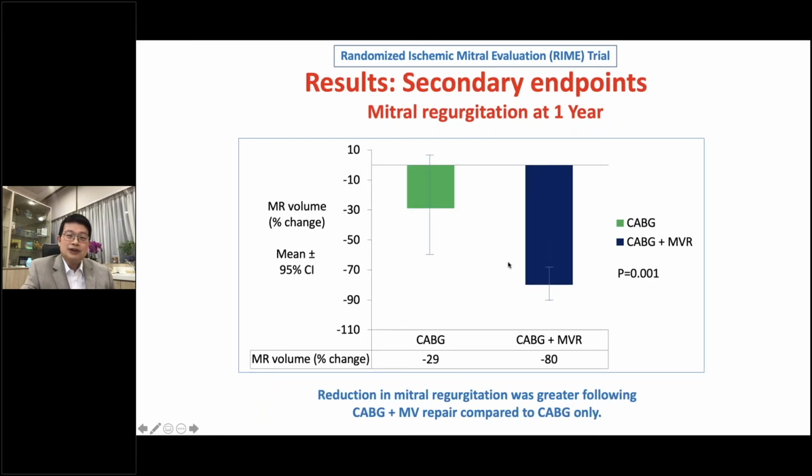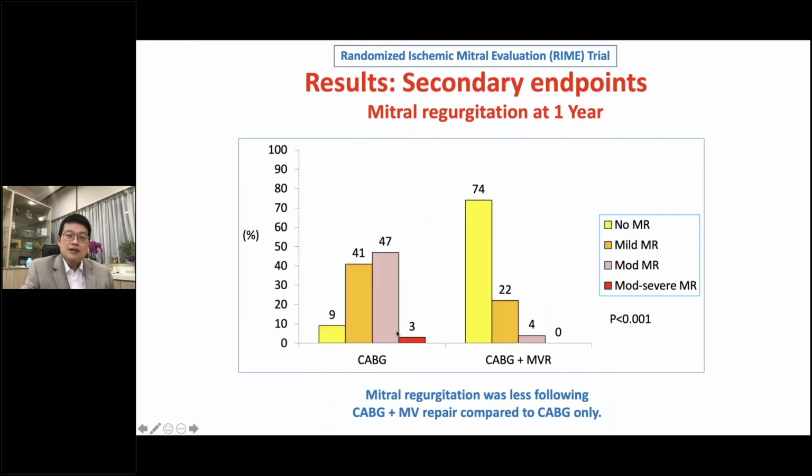And along with this, there were greater reductions in mitral regurgitant volumes if they had the valve repair. They also had less mitral regurgitation. Most of them had no mitral regurgitation or only mild mitral regurgitation, compared to those who continued to have moderate mitral regurgitation if they just had CABG.